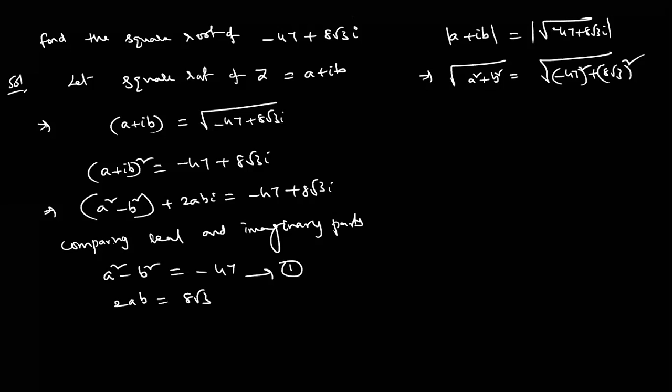Okay, let me see. Squaring on both sides. No, squaring on both sides means what here? Again, modulus is there, no? That means root over is there.